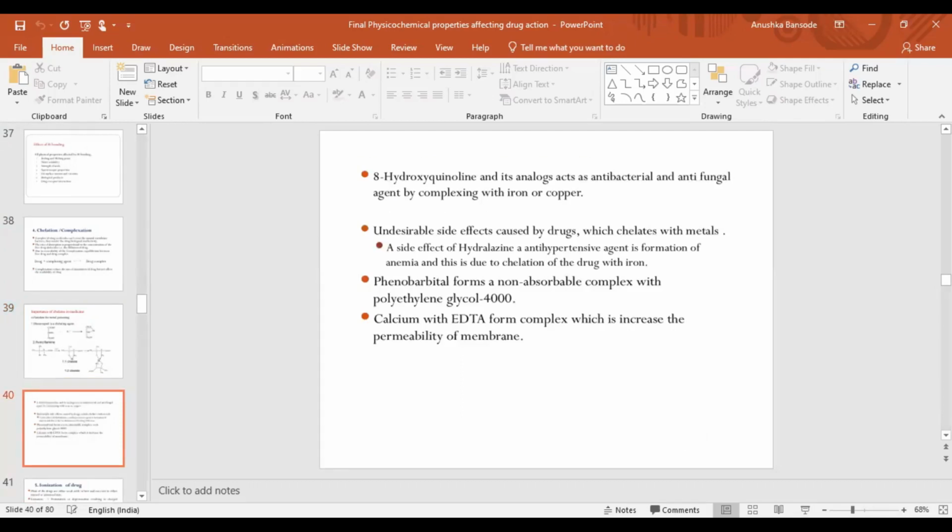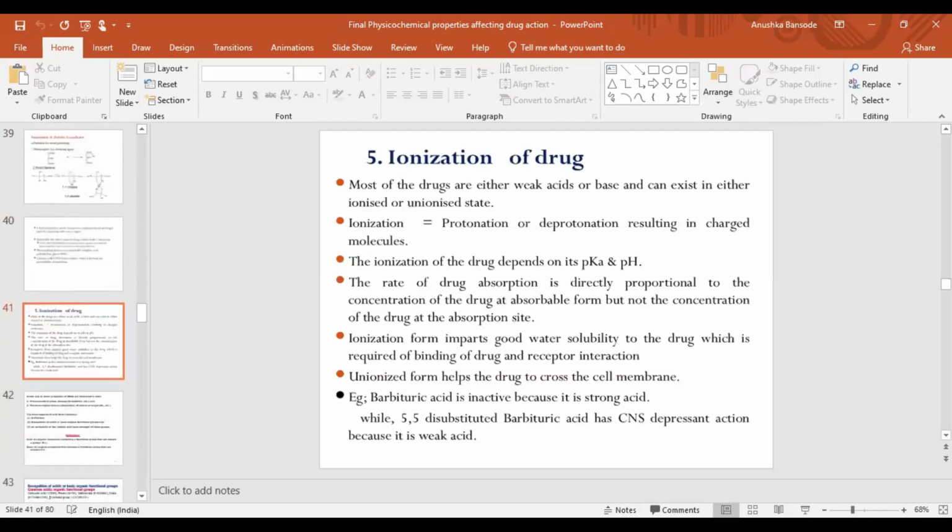Undesirable side effects are caused by drugs which chelate with metals. A side effect of hydralazine, an antihypertensive agent, is the formation of anemia, and this is due to chelation of the drug with iron. Phenobarbital forms a non-absorbable complex with polyethylene glycol 4000. Calcium with EDTA forms a complex which increases the permeability of the drug.